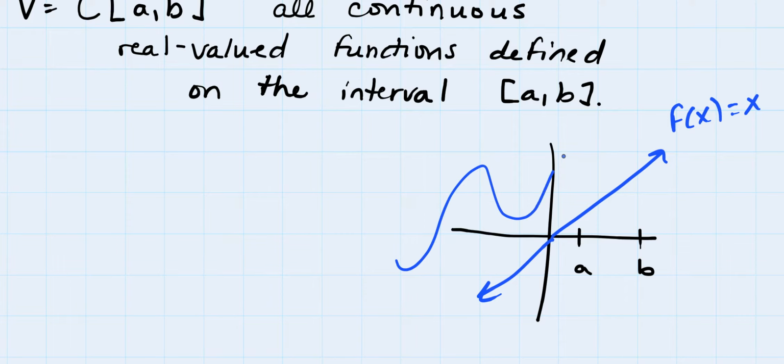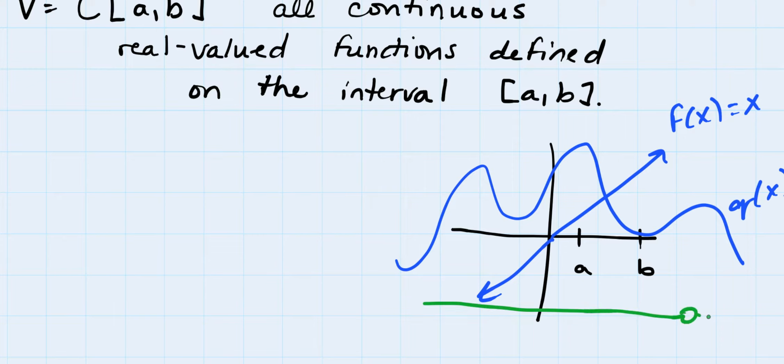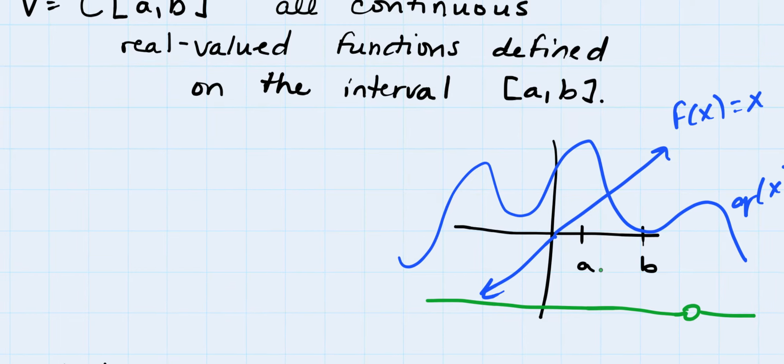You could have any kind of continuous real-valued function, let's call this q of x, but it only has to be continuous on this interval. So of course you could have something like, let me do it in a different color, as long as it's continuous on your interval. Call this r of x.